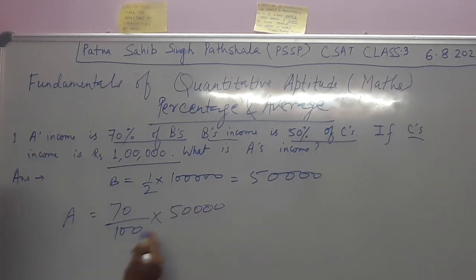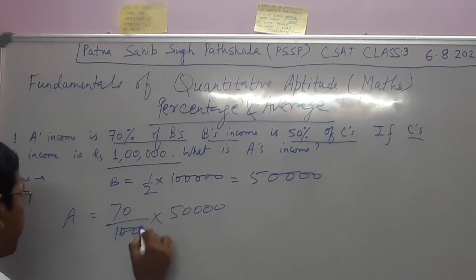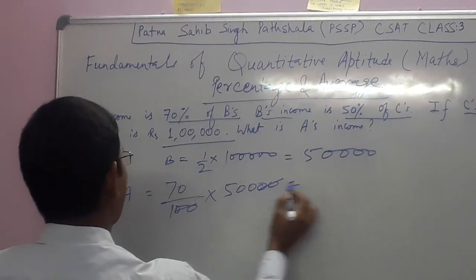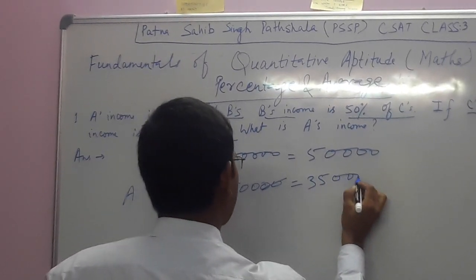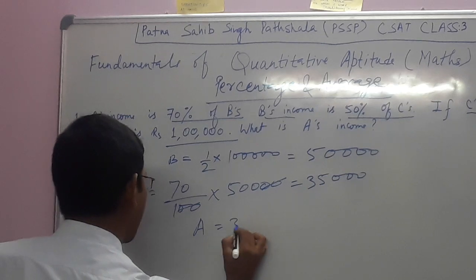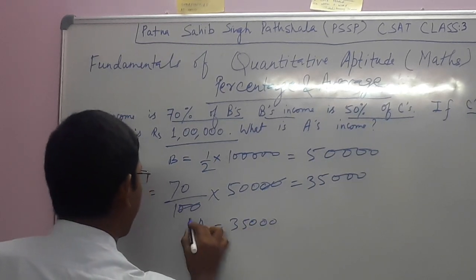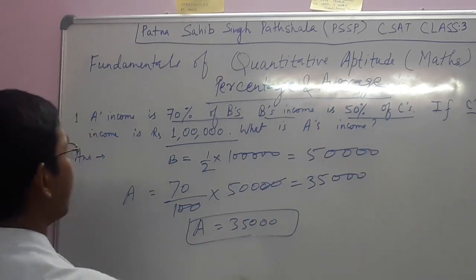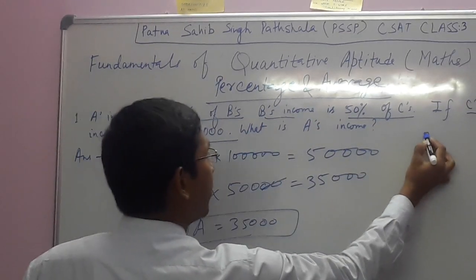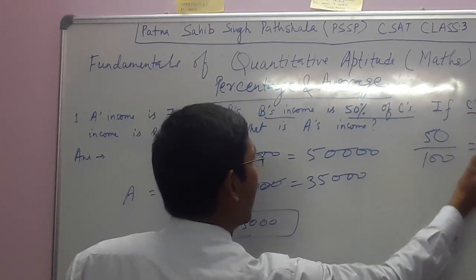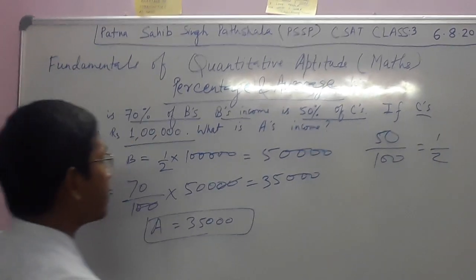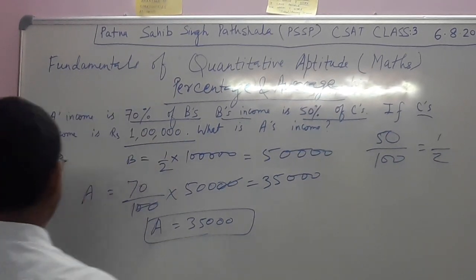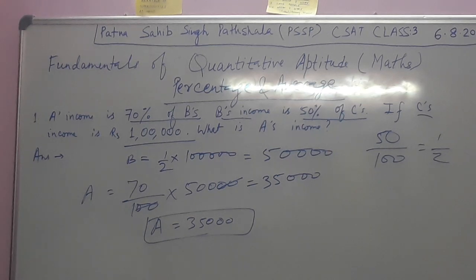So it is 35,000. A's income will be 35,000. You can easily convert the percentage into fraction. 50% means 50 out of 100, it means half. This is the way to solve the questions quickly. Now next question.